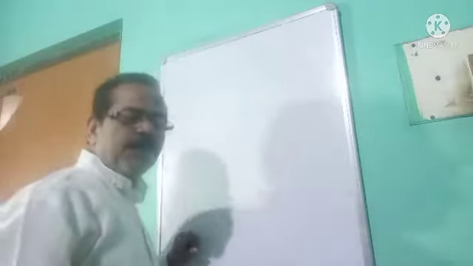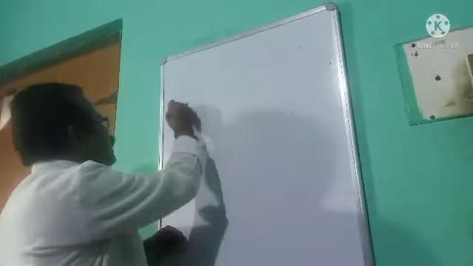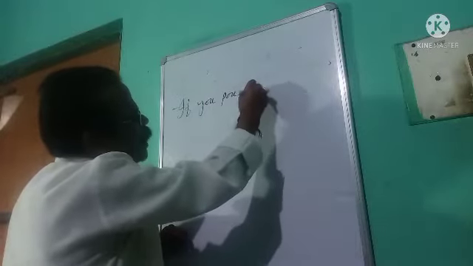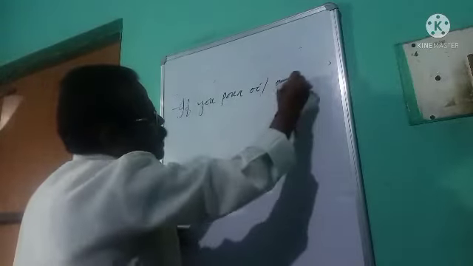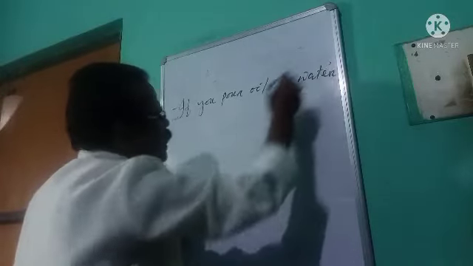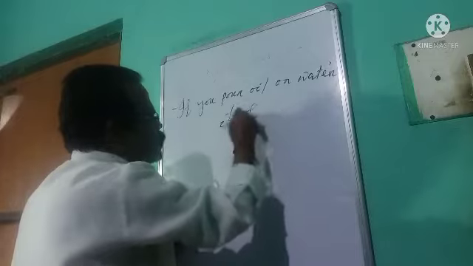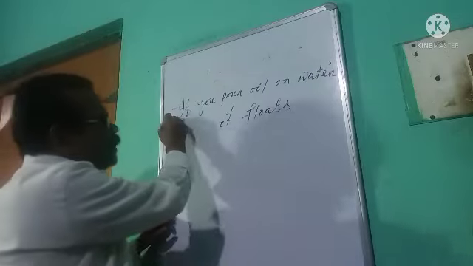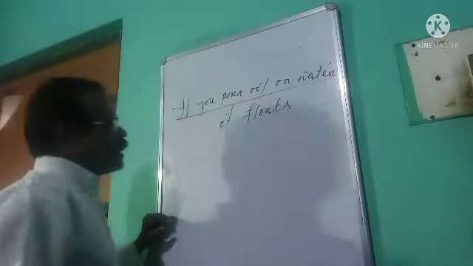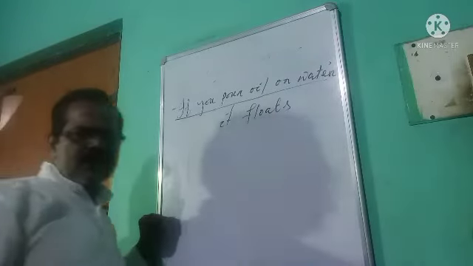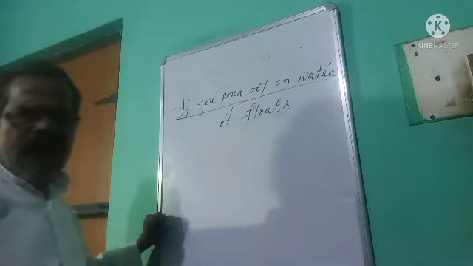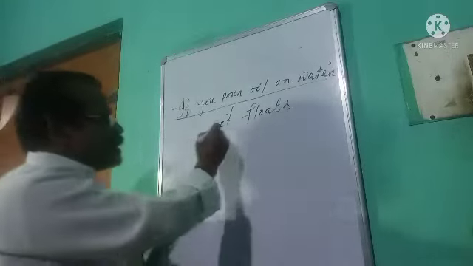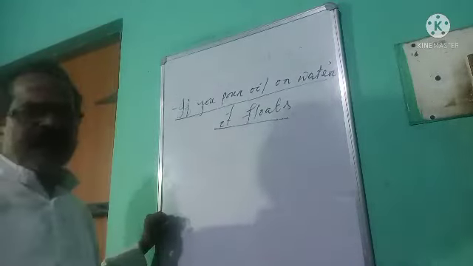That is, if you pour oil on water, it floats. You see, this, if you pour oil on water, is a subordinate clause and also an adverb clause, and it is the if clause. And it floats is your main clause.